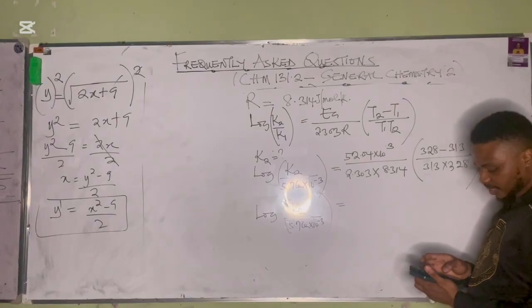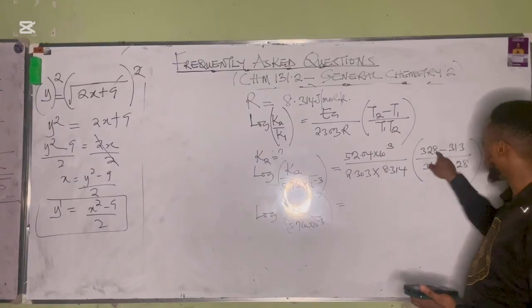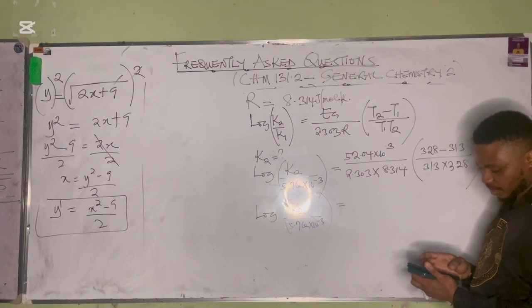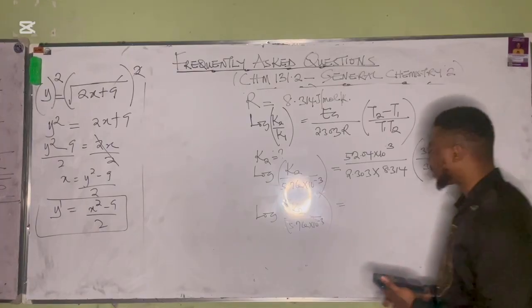Okay, then bracket open, 328 minus 313 will give us 15, divided by 313 times 328. Okay, so this will give us 0.397.